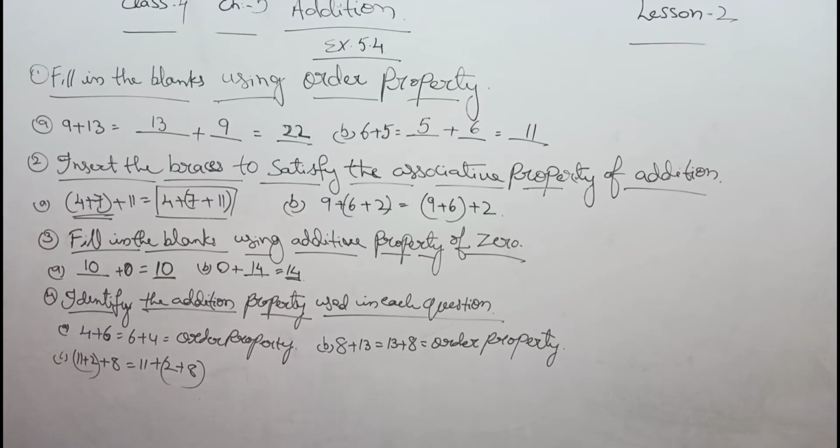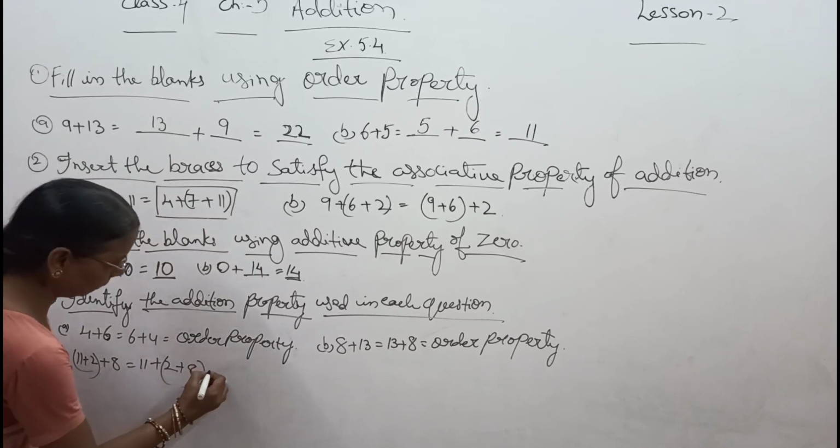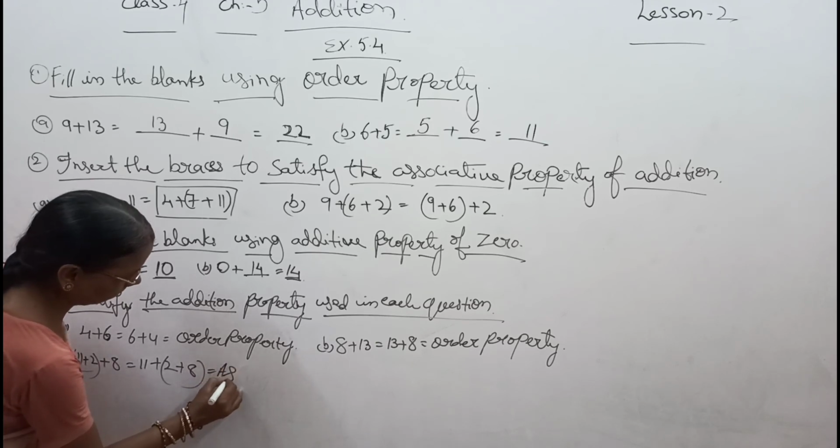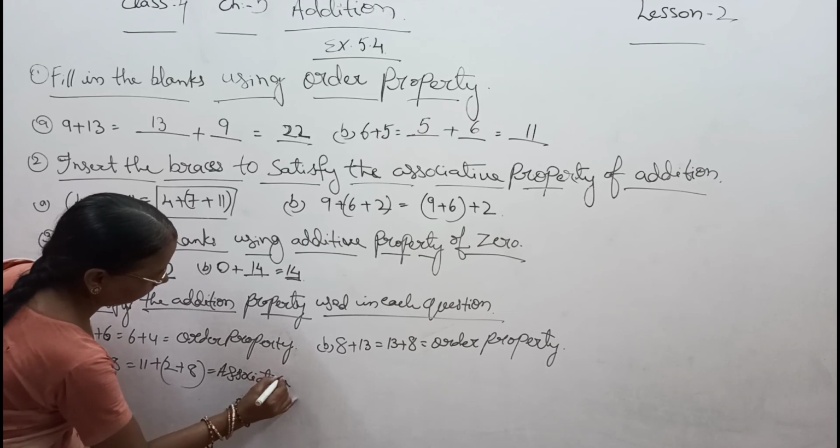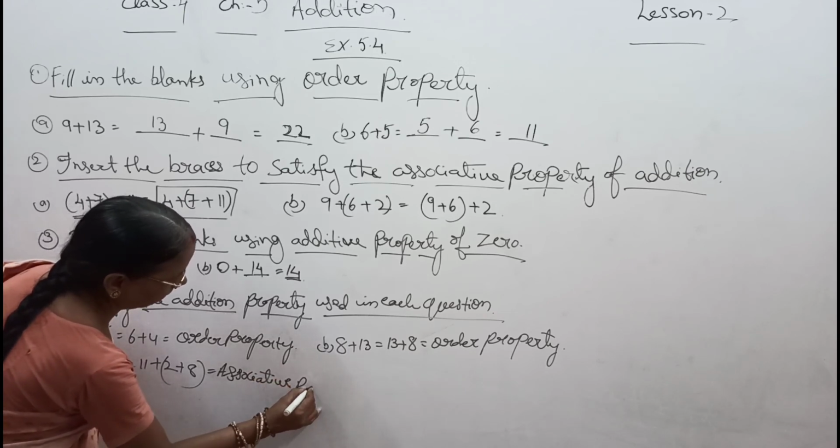Now here the 11 is associated with the 2 and 2 is associated with 8. So it is the associative property.